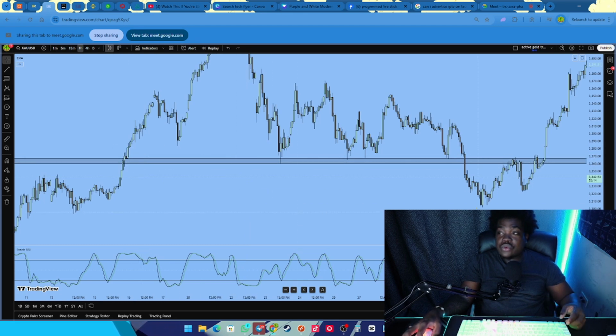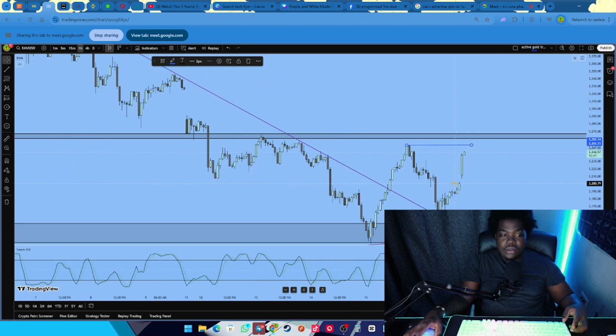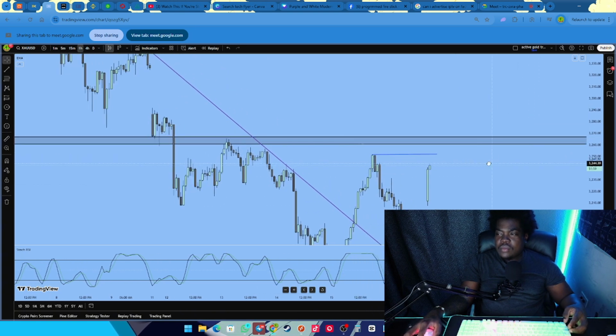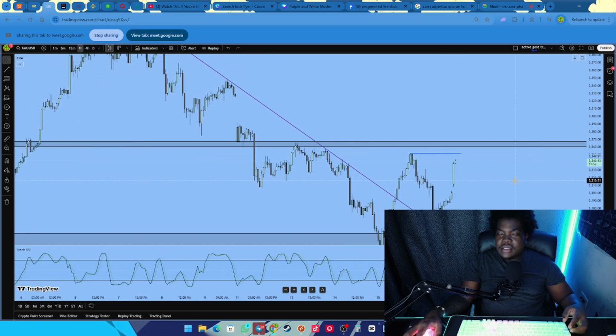So that's why we use them as major zones to look for, to identify and take particular trades. Always use them as key points, or let's call them key levels. At these particular zones, what we look for is a specific set of candles.